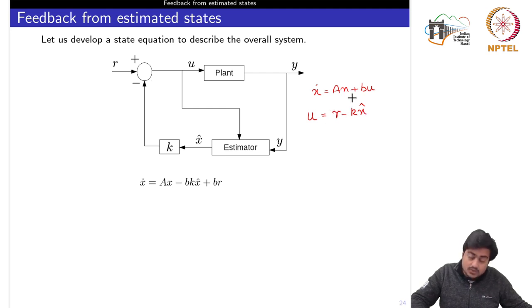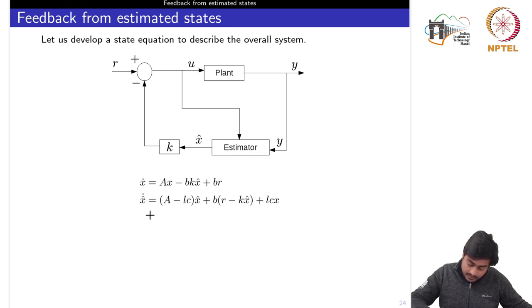Now if I combine these two equations, I would get x dot is equal to Ax, and putting u as r minus K x hat here, I would get Br minus BK x hat. Now seeing the second equation, which is basically the estimator, we have x hat dot is equal to A minus LC x hat plus Bu.